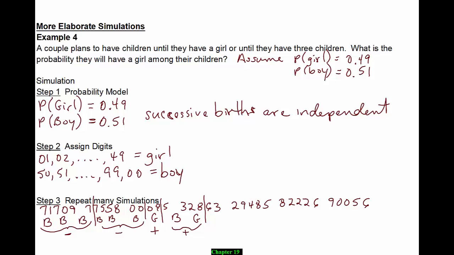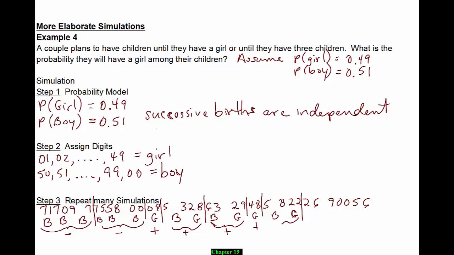The next two-digit code is a 63, which is a boy, 29, which is a girl, and this couple was supposed to have children until they had a girl, or until they had 3 children. They got their girl, so they stopped. The next two-digit code is a 48, which is in the range of the assignments for a girl, so they stop. 58 is our next two-digit code, and that's a boy. 22 is a girl.